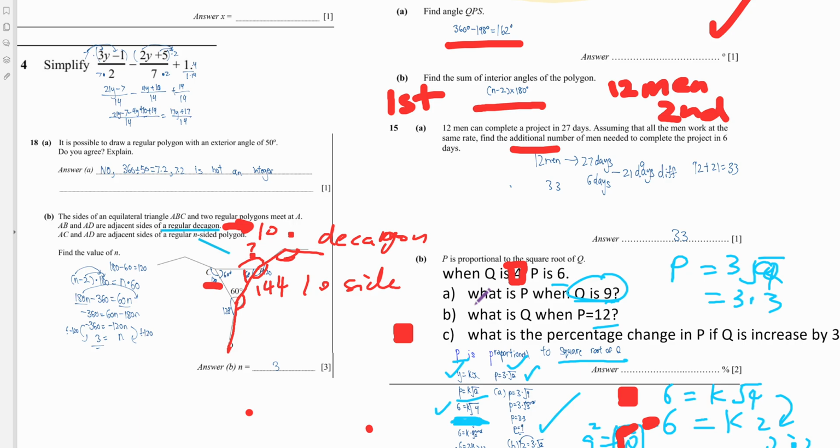So what's the n? 15. 50? 15. Okay, good.